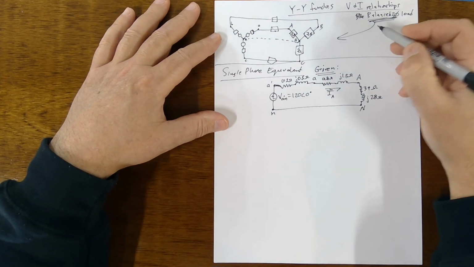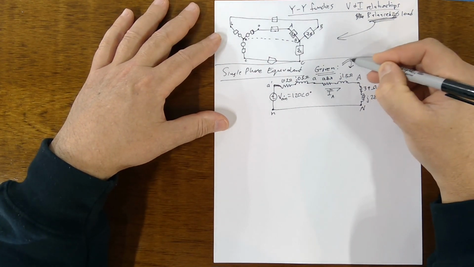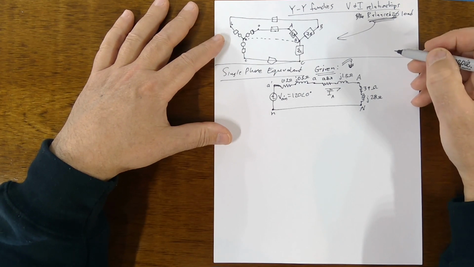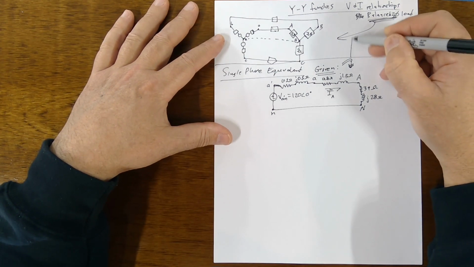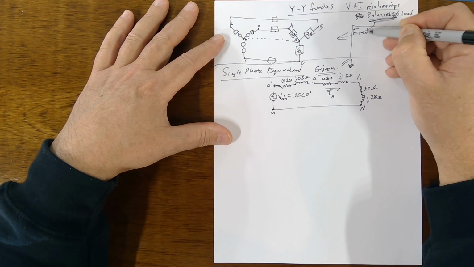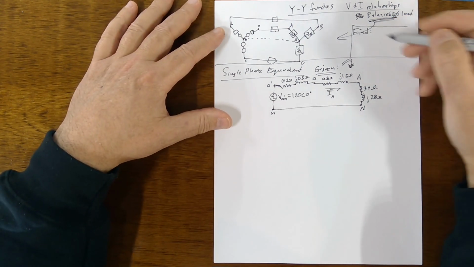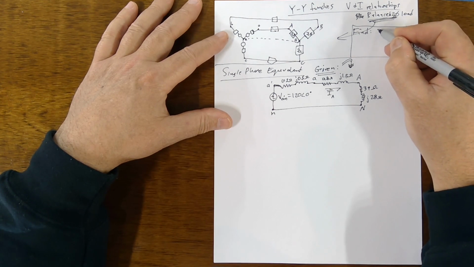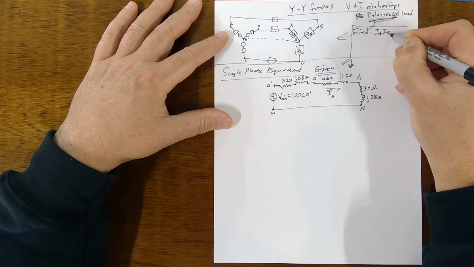What are we trying to find here? All this stuff is given, all of this stuff in here. But we're trying to find a bunch of stuff. This is a messy problem. I'm sorry about my organization here. I apologize. But we're trying to find the line currents, IA, IB, and IC.